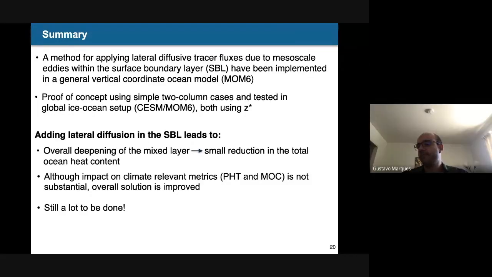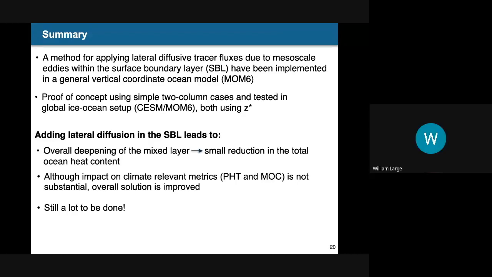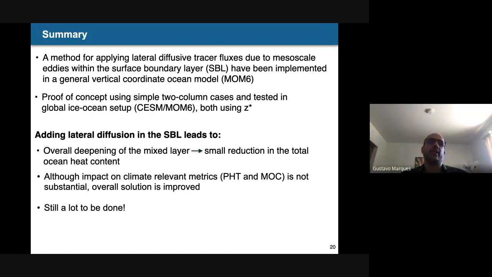I agree. It won't be perfect. But you're not having huge differences, so anything will probably do. Yeah, that's the point. It is not affecting much, but it is affecting in the right direction. And until we come up with a better scheme, I think we can go forward with that.